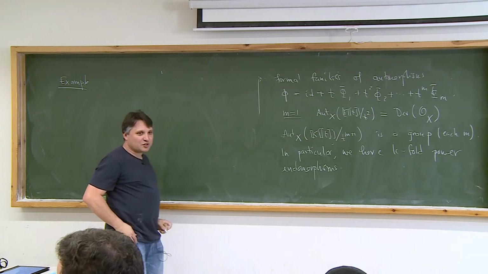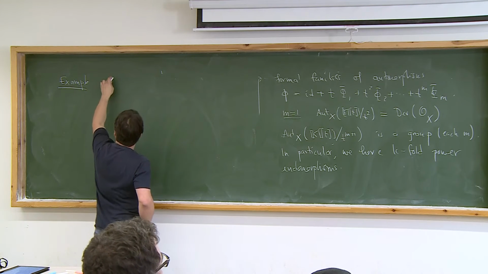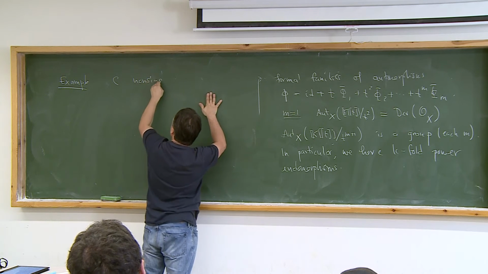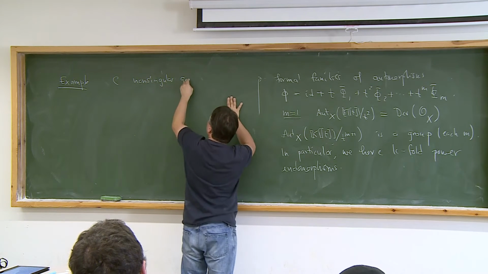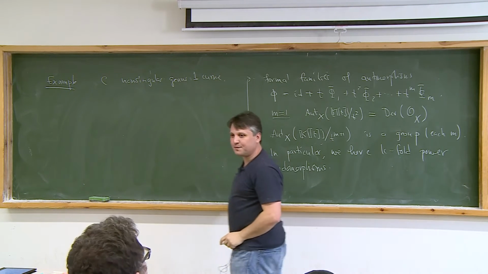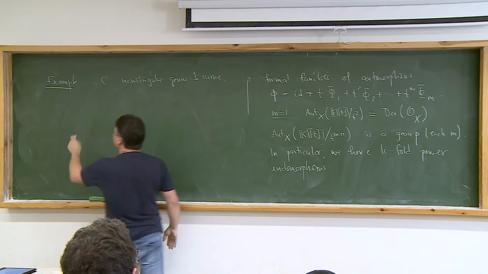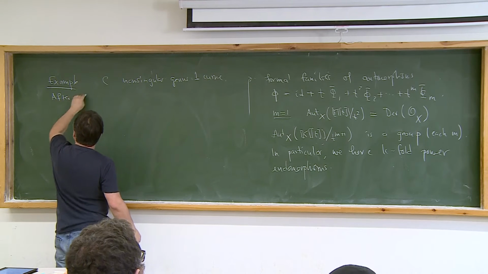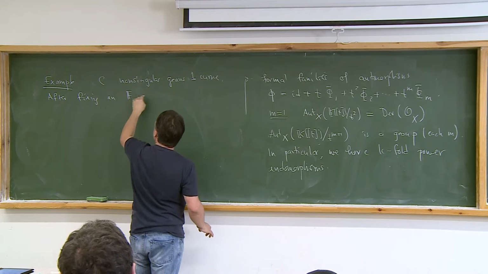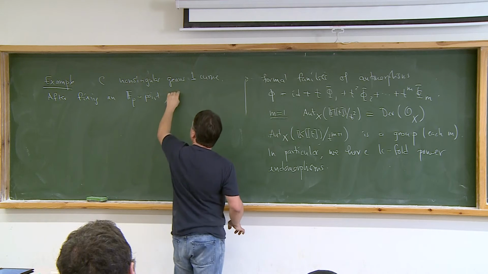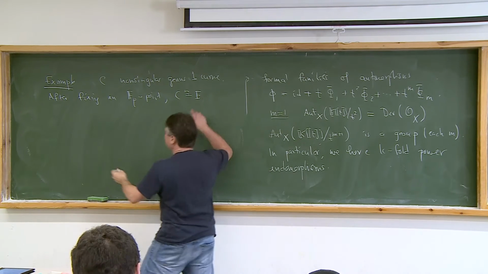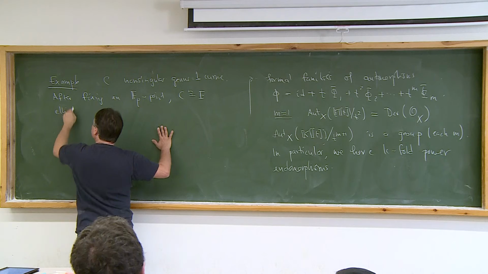Okay? So the most classical example is when you say C is a non-singular genus 1 curve. Let's suppose, after fixing an Fp point, this becomes an elliptic curve.